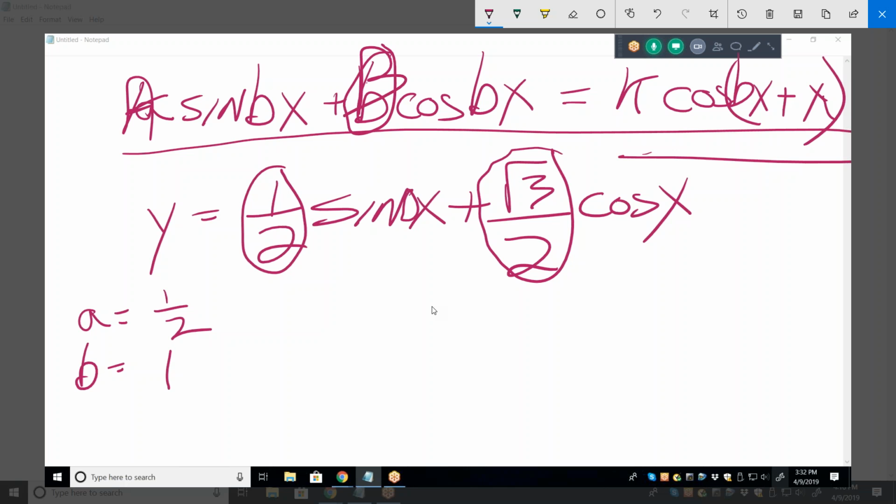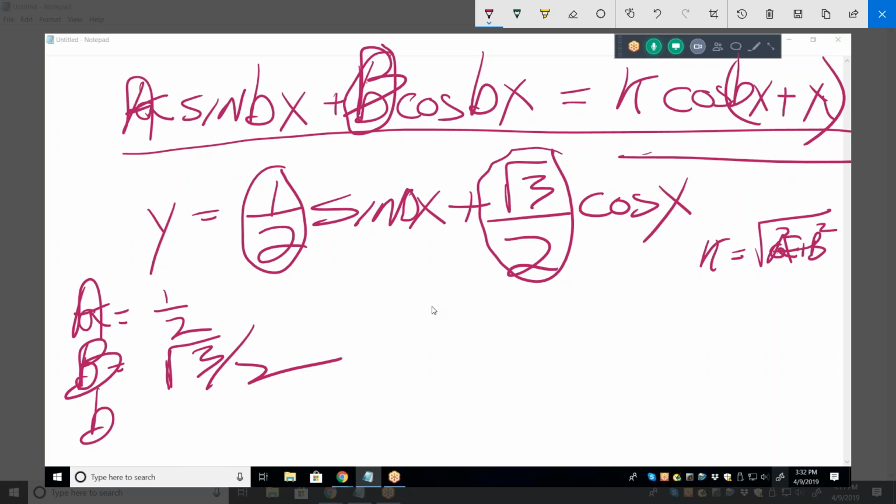Okay. And yet we do have a k on the right side also, correct? Yes, sir. And they've given that k is equal to the square root of a squared plus b squared. So sort of like Pythagorean theorem. Yeah. And it's the capital A and B, right? Yes, sir. Okay. So little b is 1 for both of them. And this is capital A, this is capital B, and capital B is square root of 3/2, correct?